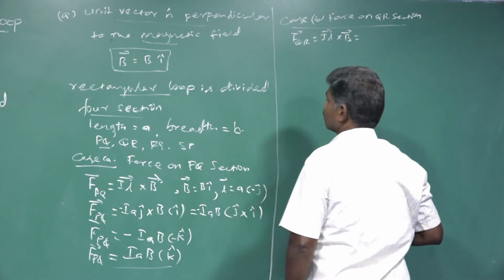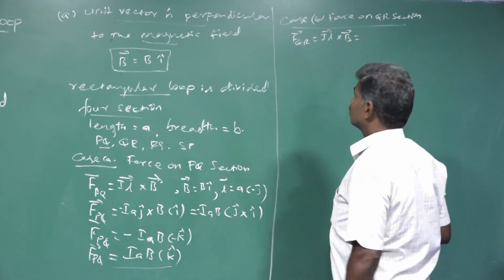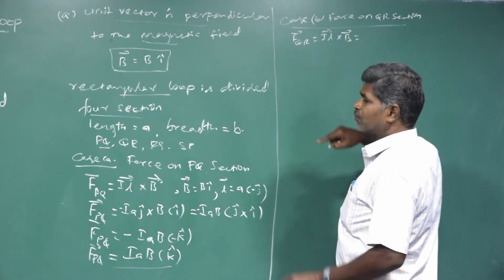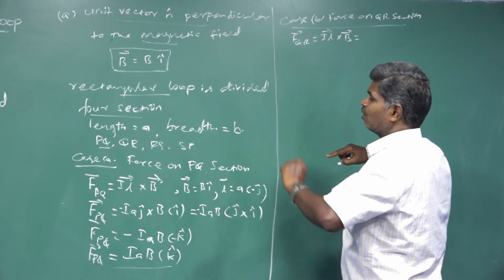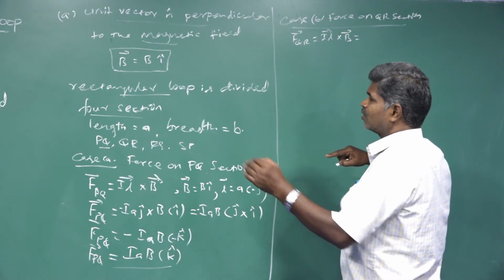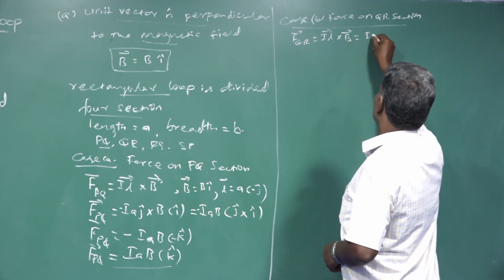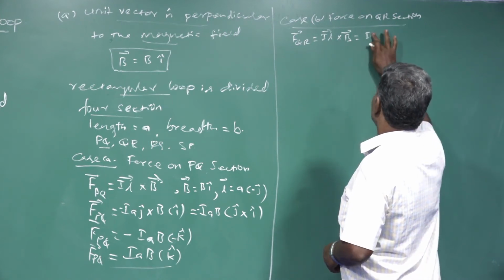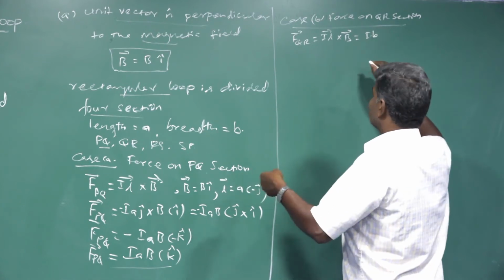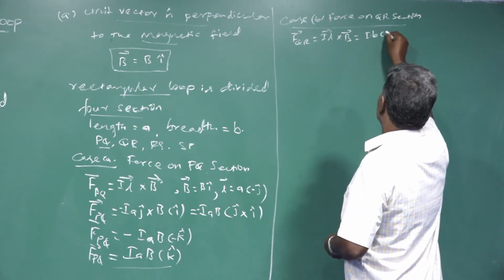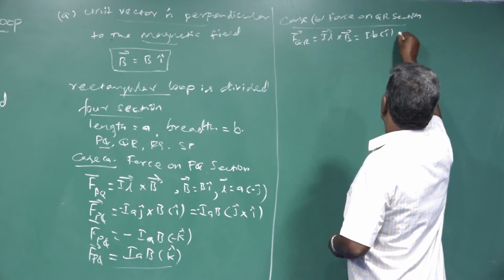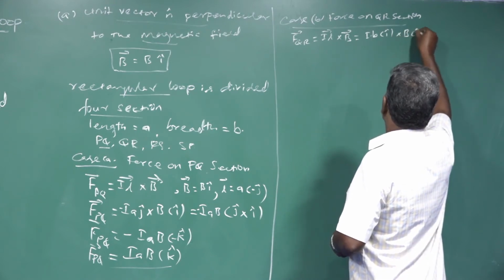QR has length b and acts along the positive x direction, so it is I b i cap cross B i cap.